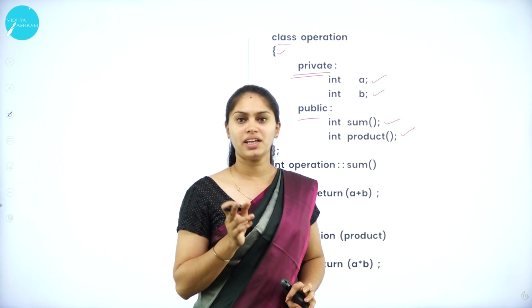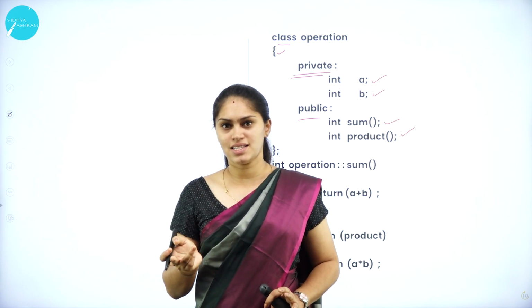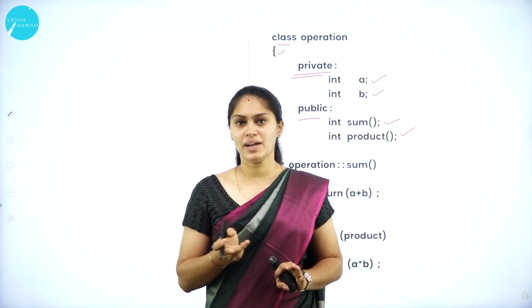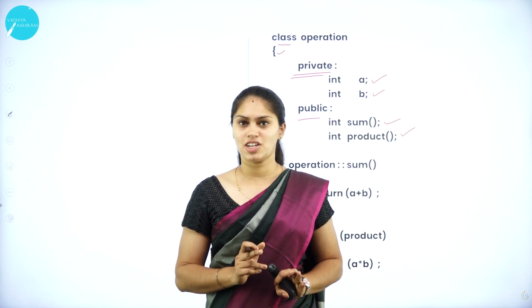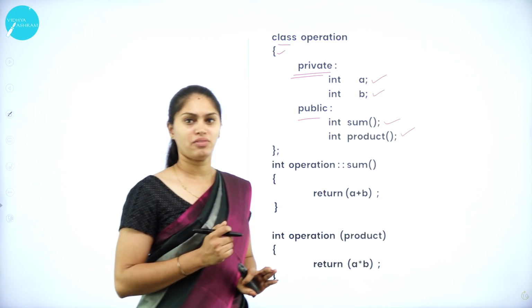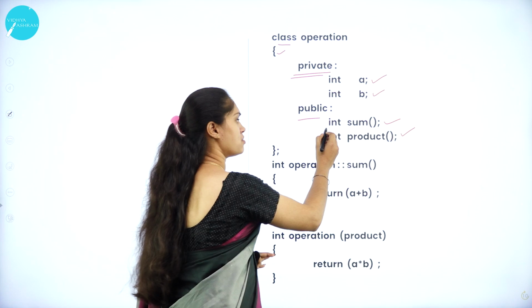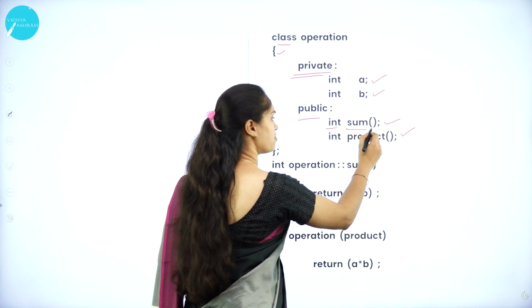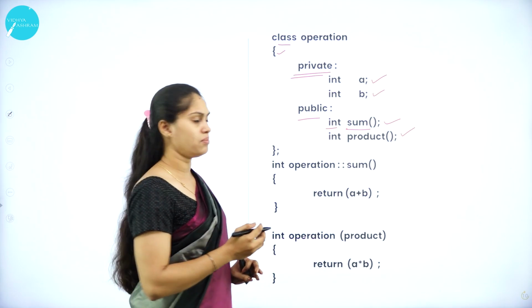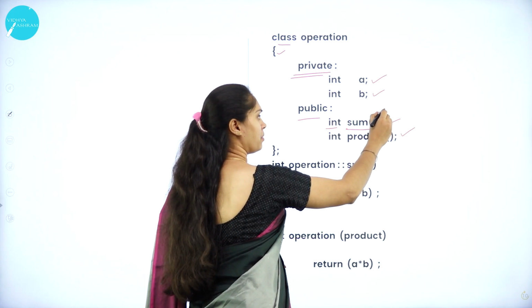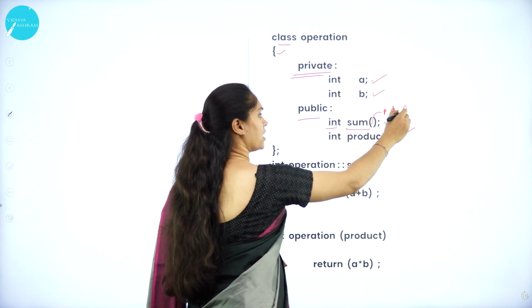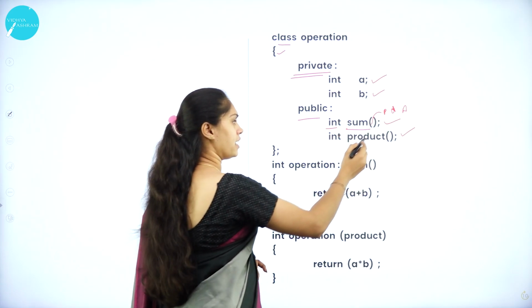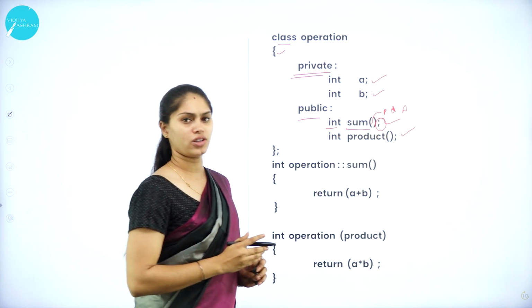If I want to define the member function outside the class definition, then it must be declared inside the class definition. Then how to declare the member function inside the class? I need to specify the return type or data type, and then the member function name, and if there is any parameter or argument that I need to specify, and then this semicolon, very important.